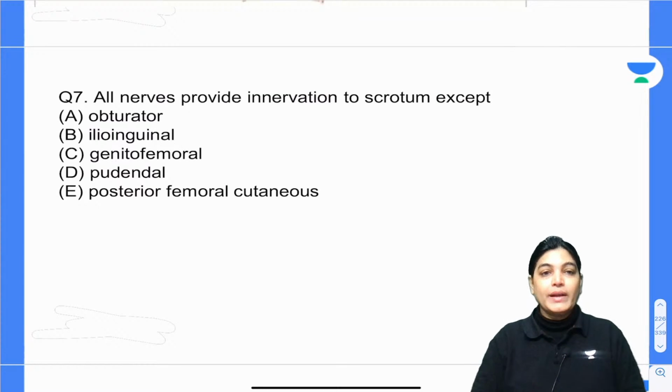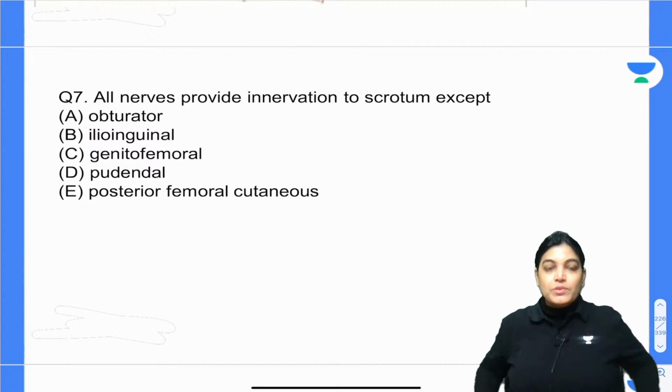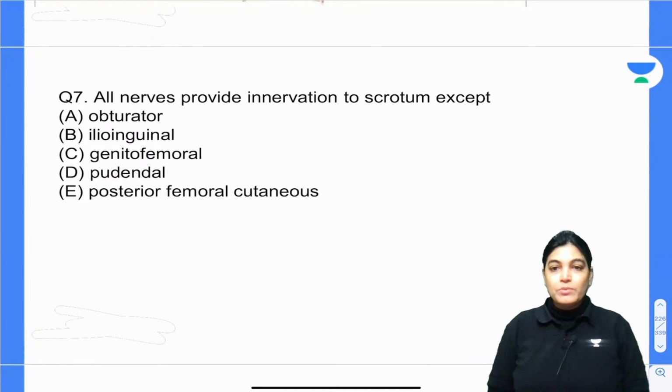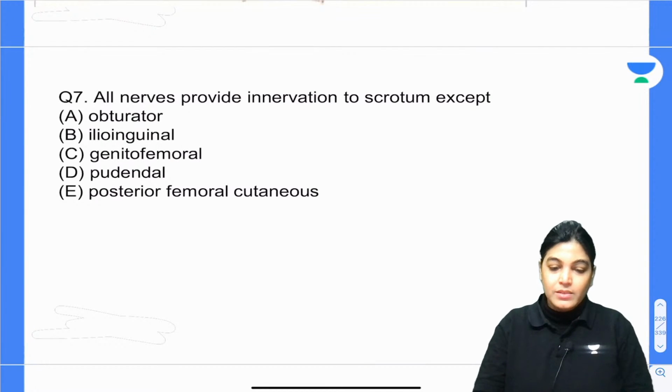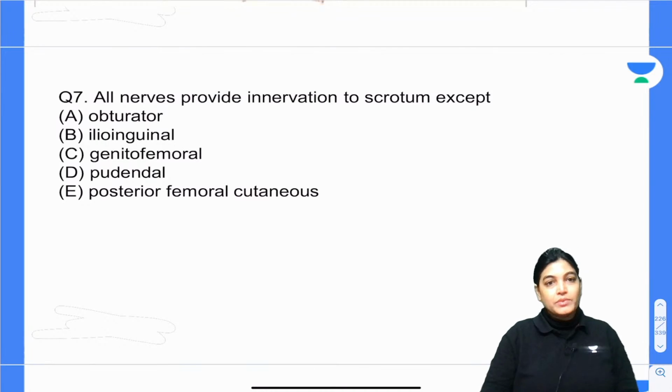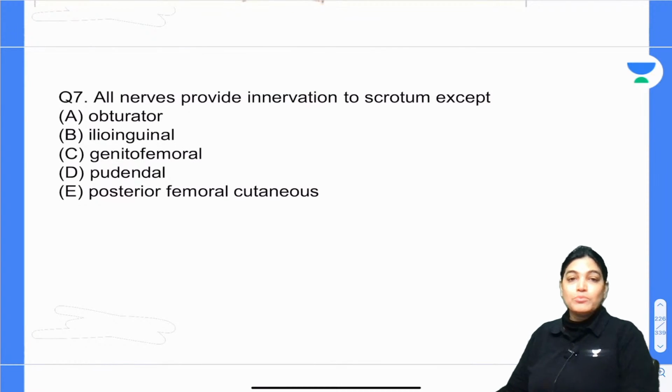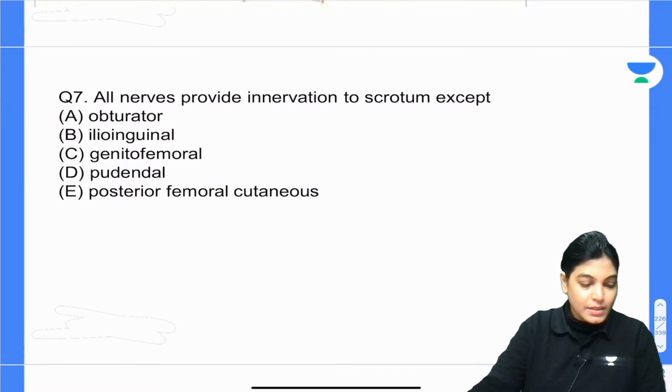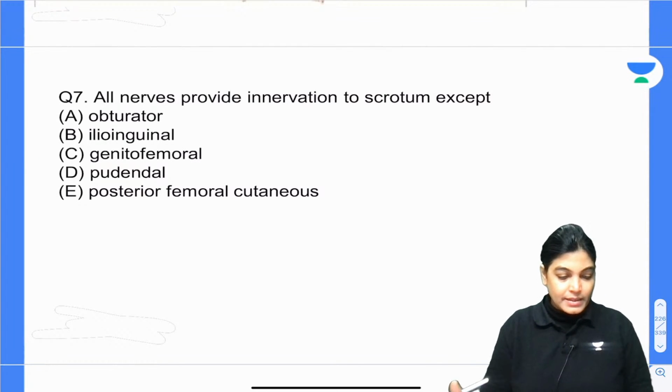Options are obturator nerve, ilioinguinal, genitofemoral, pudendal, posterior femoral cutaneous nerve. So according to you, which is the correct answer? Yes, my dear aspirants, which is the correct answer? Your time starts now.